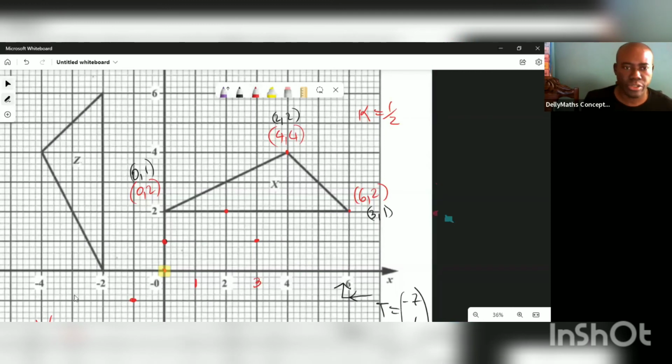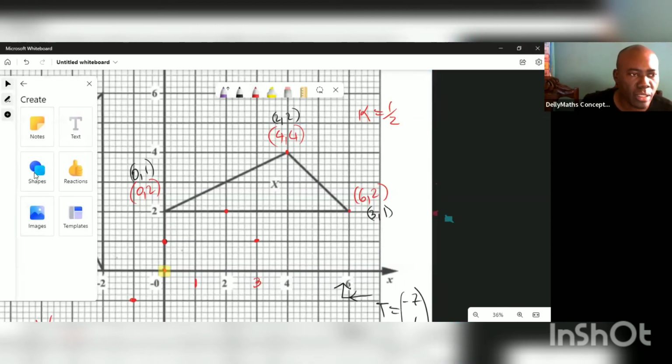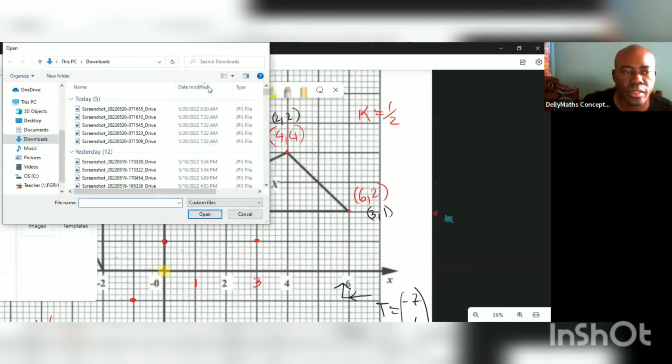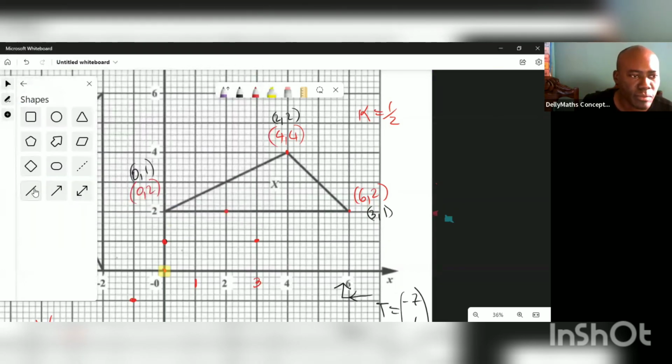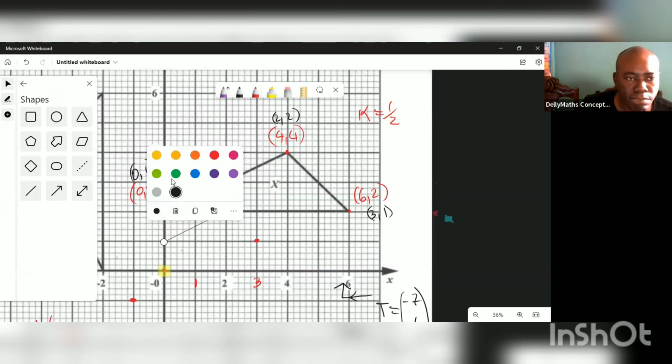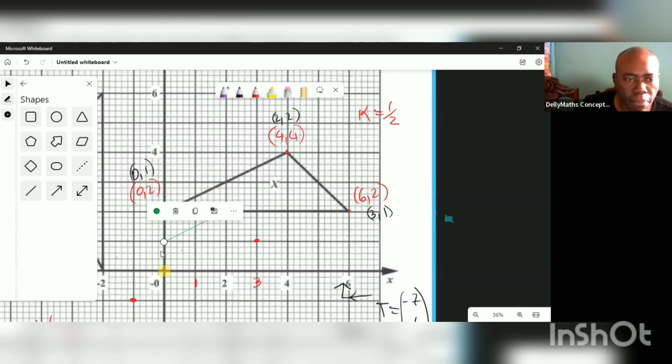So let us just recreate that now using our line system here. So moving from here to here. Put that in green. Here to here.